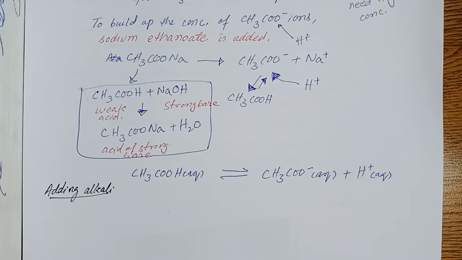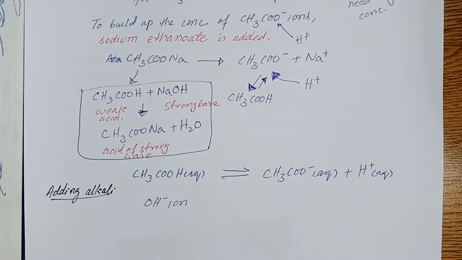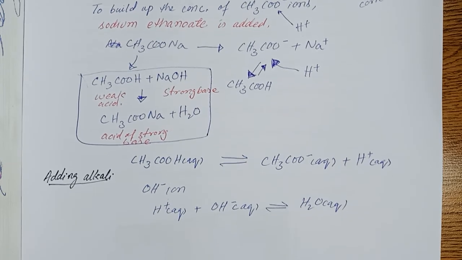Alkali generate hydroxyl ions when dissolved in water. Although they do not appear in the equation, they react with hydrogen ion to produce water.